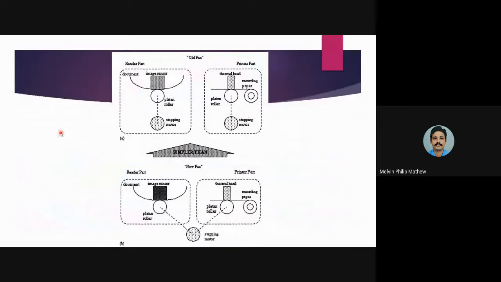If you take the example of a fax machine, there are two parts: the reader part and the printer part. You can see the reader part here, and the other one is the printer part. In the reader part, a document is read that another person sends you, or you feed in a printed document that has to be sent elsewhere.